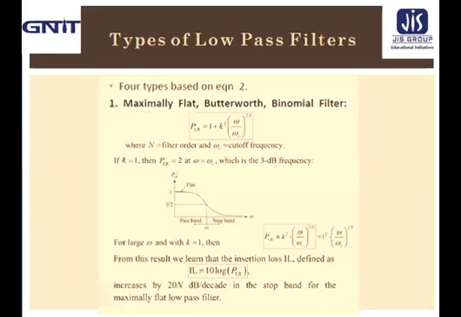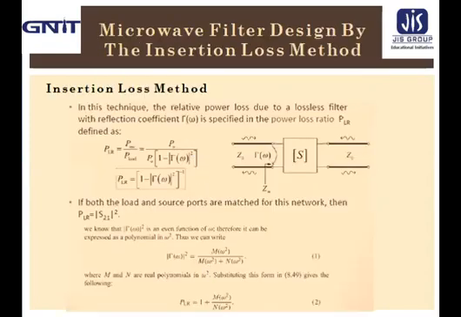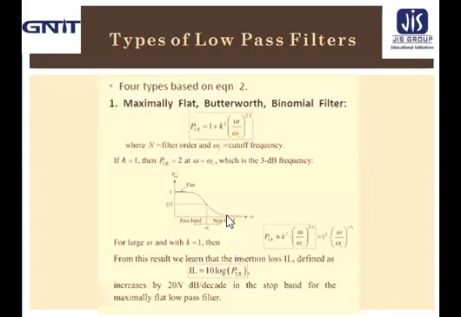Now there are some types of low pass filter. Based on this equation, there are four types of low pass filter. The first one is the maximally flat, Butterworth or binomial filter.